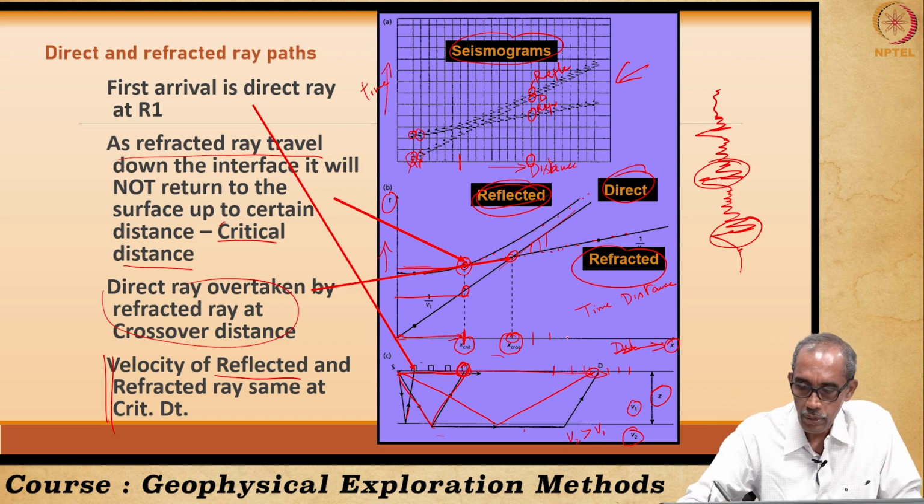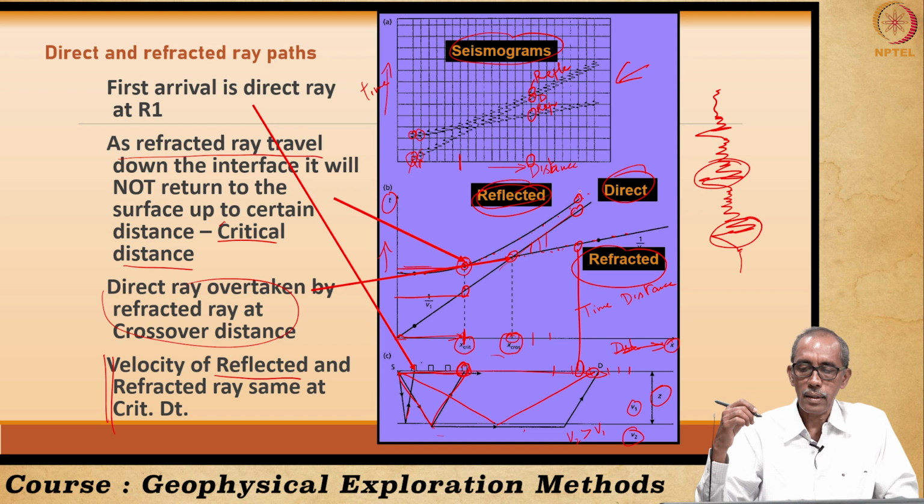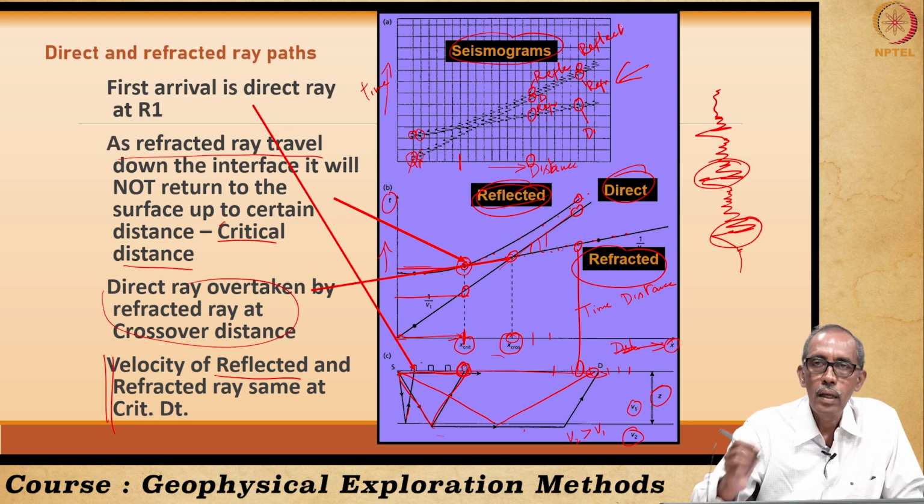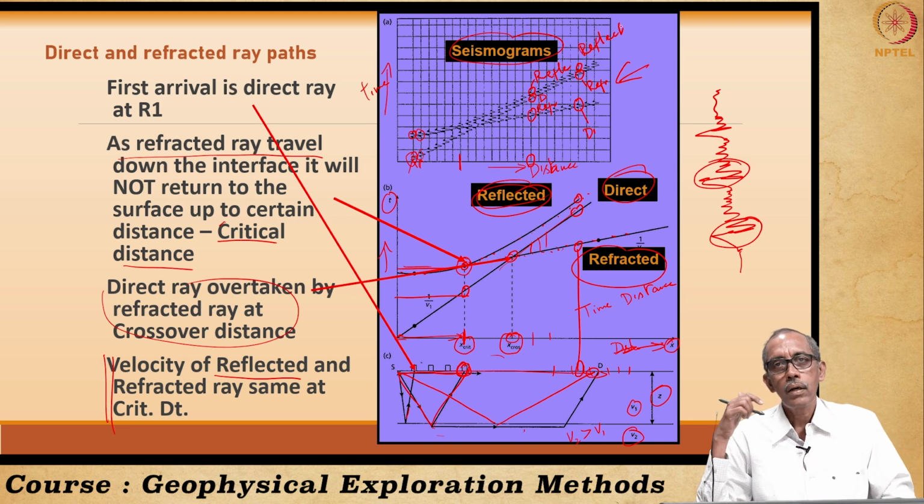That is what we could observe here. If you take this location, refracted is first, next is the direct, third is the reflected signal, right. Suppose I want to demarcate, this is the direct, this is refracted, the third is reflection. Okay, is it clear now?